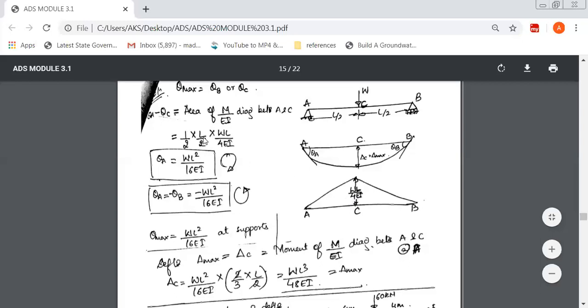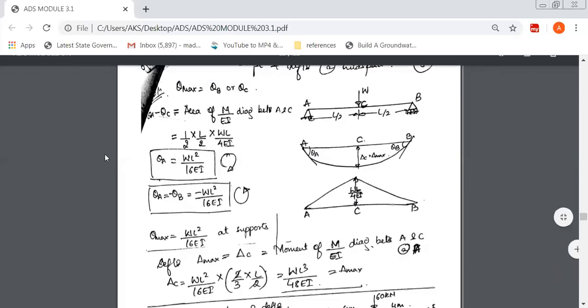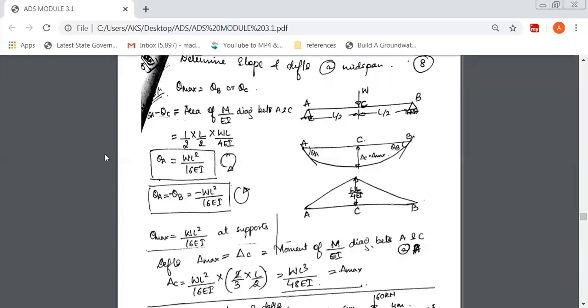Next, the first thing is we'll find the rotation at A as well as B. To find the rotations, that is theta A and theta B, we'll be using Mohr's first theorem, which is called the Mohr slope theorem.